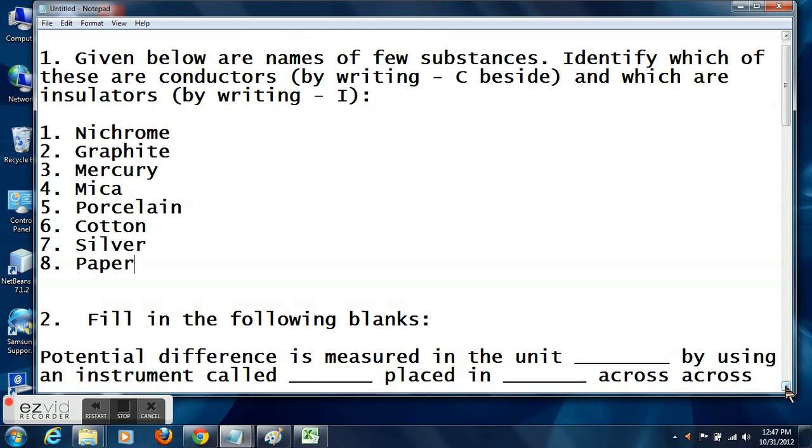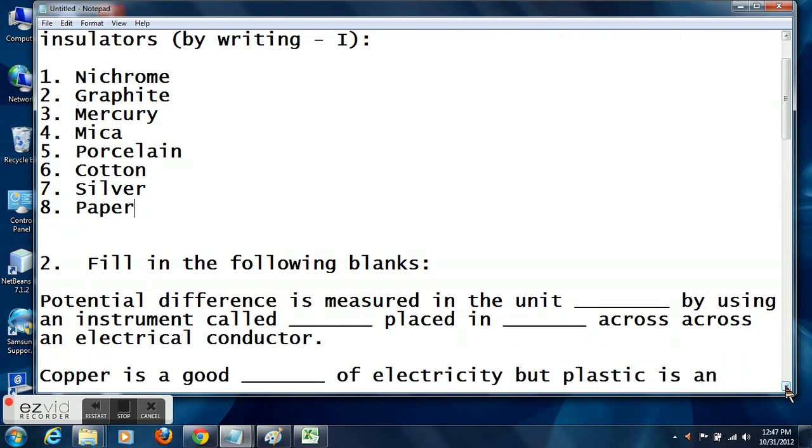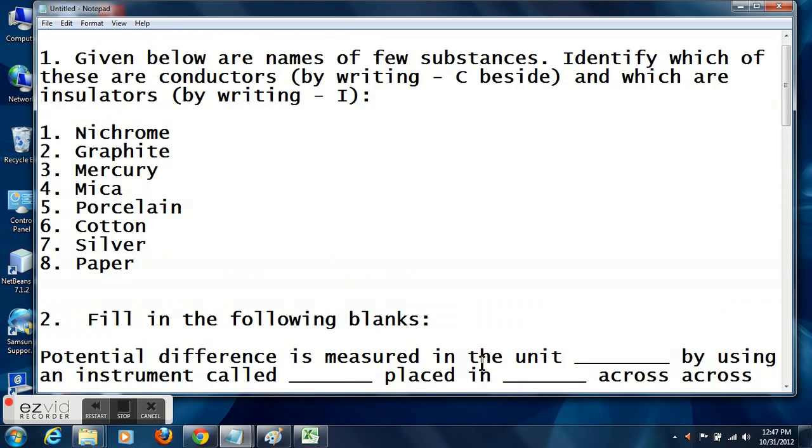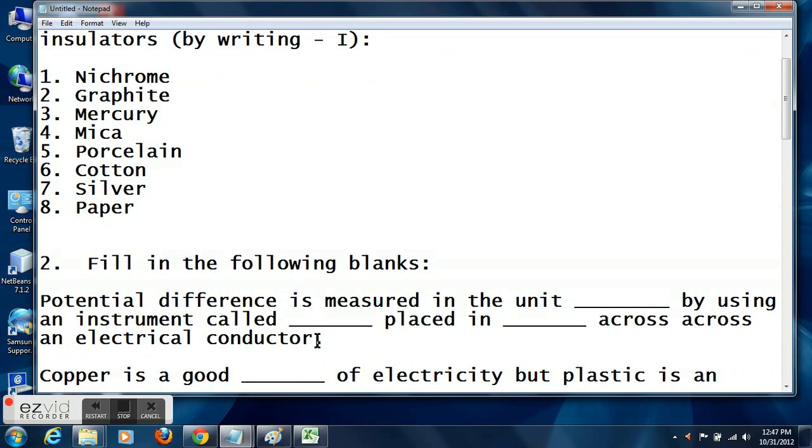Next, there are few fill in the blanks. Let me read the first one. Potential difference is measured in the unit of blank, using an instrument called blank, placed in blank across an electrical conductor.